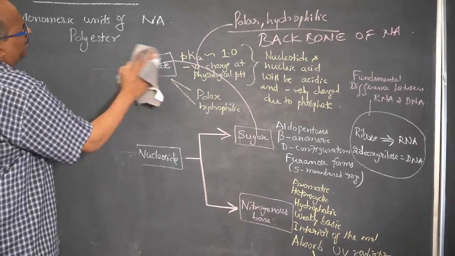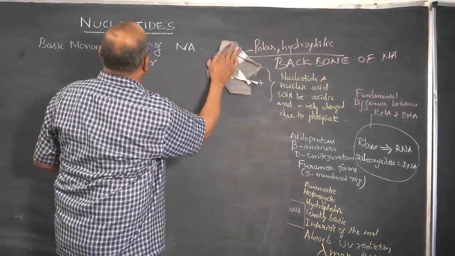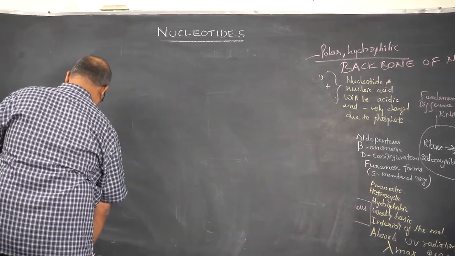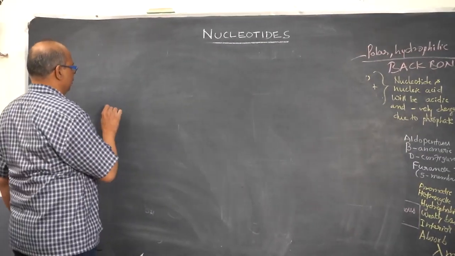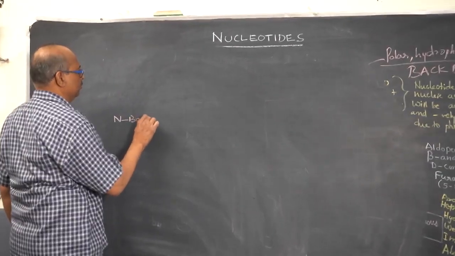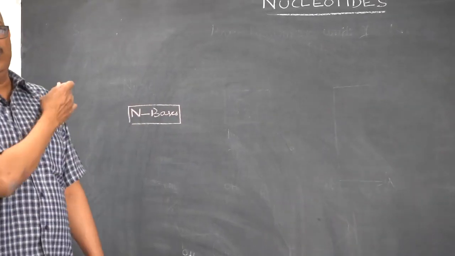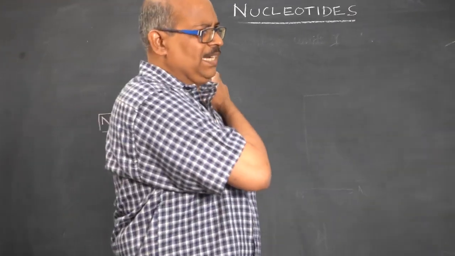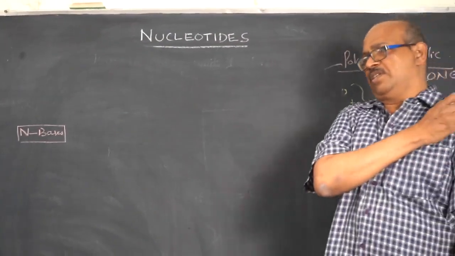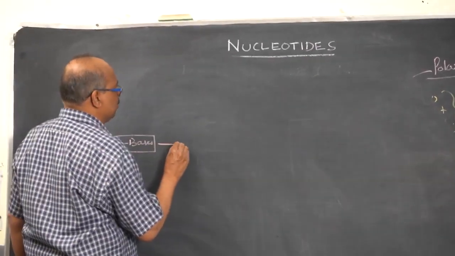Then when you take the nitrogenous bases, we can further divide them depending on how many rings they have. The nitrogenous bases may have a single ring, or they may have double rings. So we have 2 distinct types.